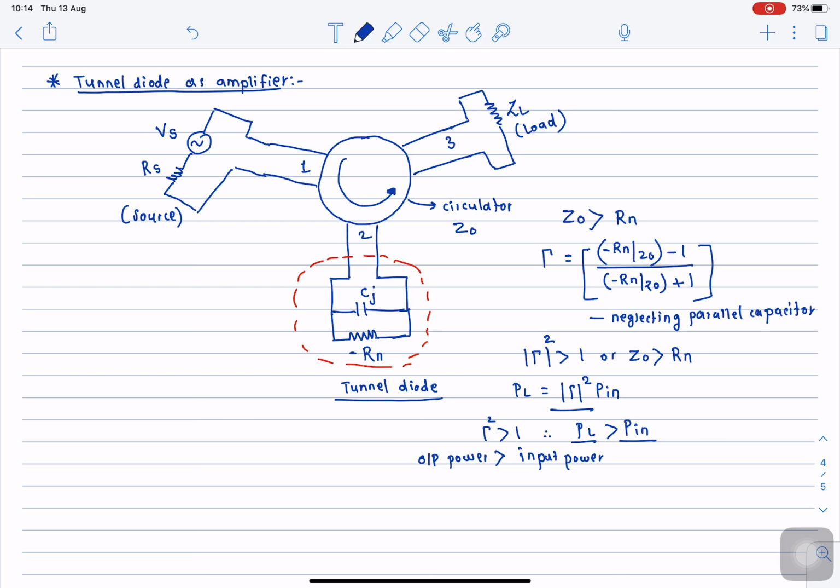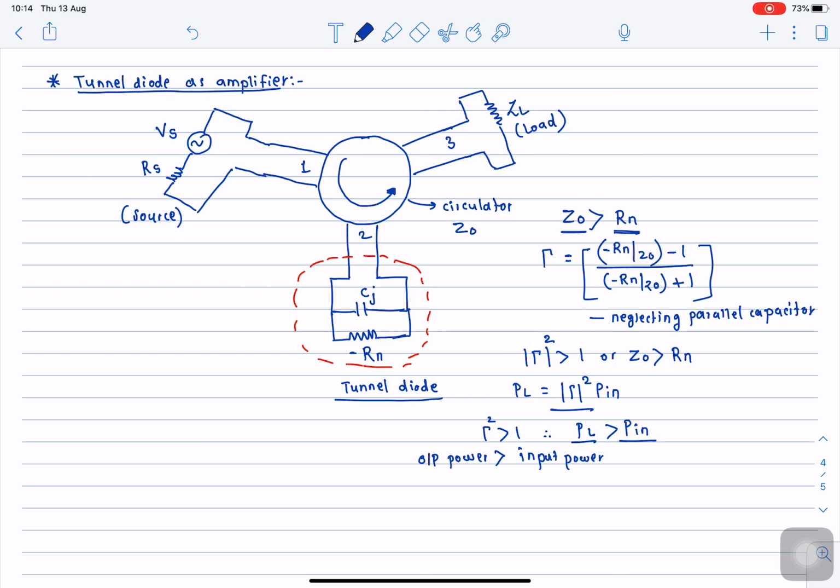Now this will only happen when the negative resistance of the tunnel diode is less than the characteristic impedance of the circulator. So we can make use of this configuration, and this particular amplifier device using a tunnel diode is sometimes known as a reflection amplifier. This is how tunnel diodes are used as amplifying devices.